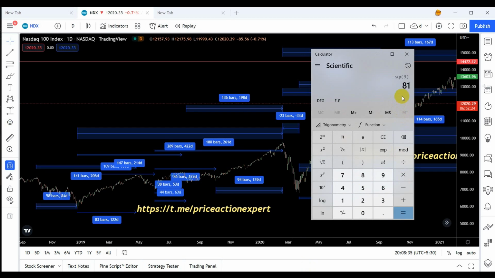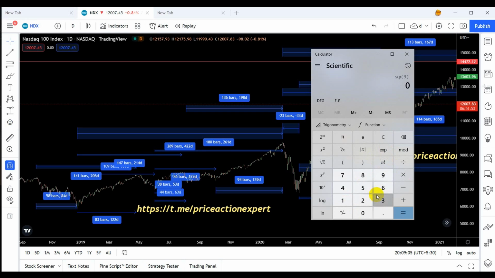9 is very important because NASDAQ tends to vibrate in this number. The number 9 means it's a pulse and there is a change, and we can expect an impact when it occurs. So 81 is the same as 810, and you can add 0 to it or you can divide that.